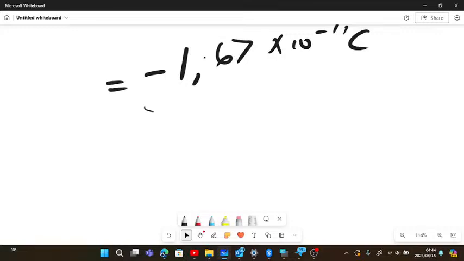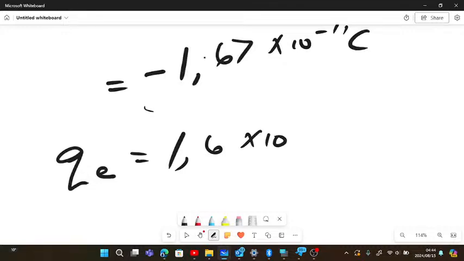So in terms of the quantization of charge, we know that the charge of one electron is 1,6 times 10 to the exponent -19 coulomb.